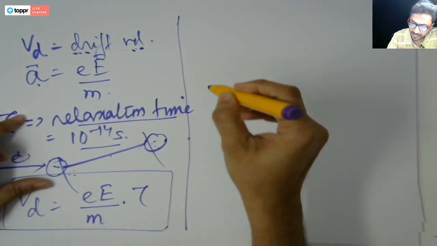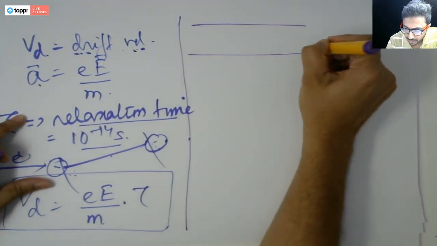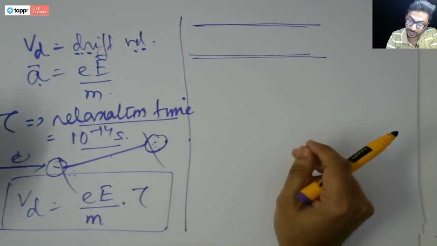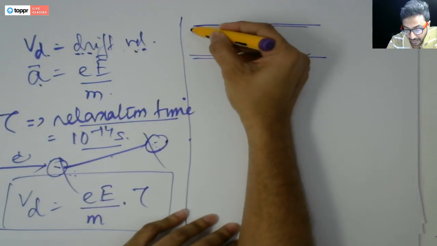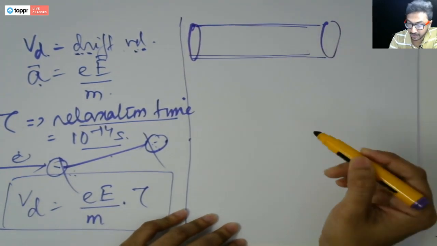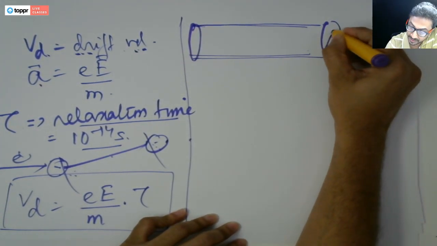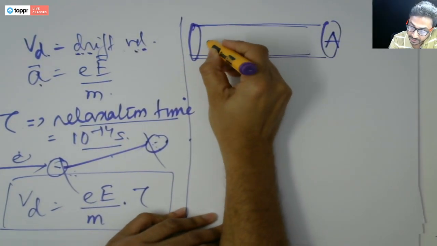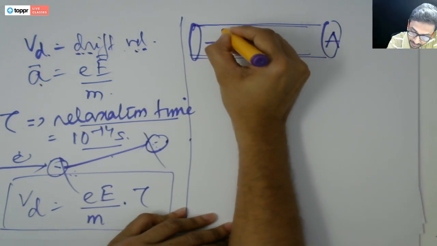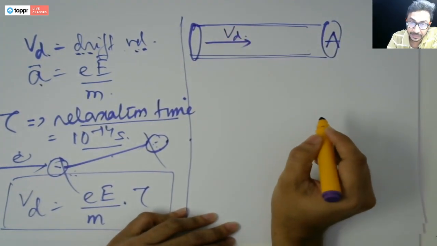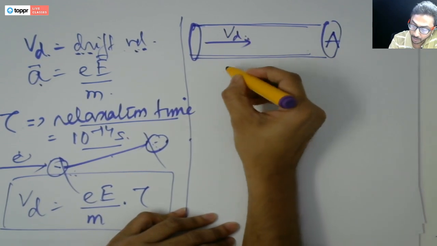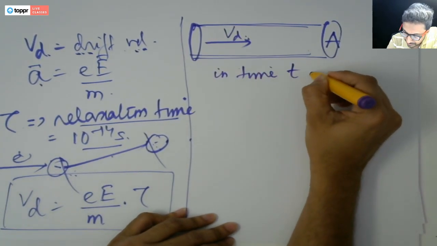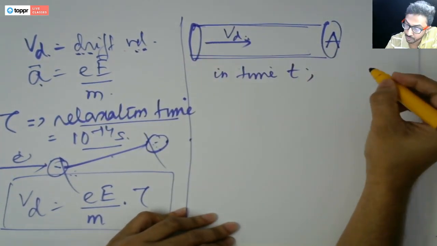Now, let us assume how we can define electric current with the help of this drift velocity. Let us assume this is a metallic conductor which has an area A, and say the average drift velocity of the electron is Vd. Now in time t, how much will this electron move?